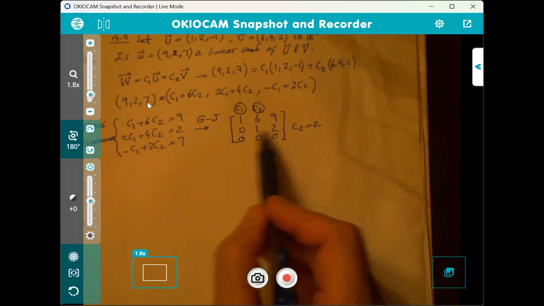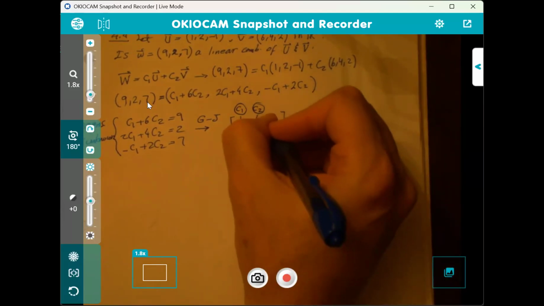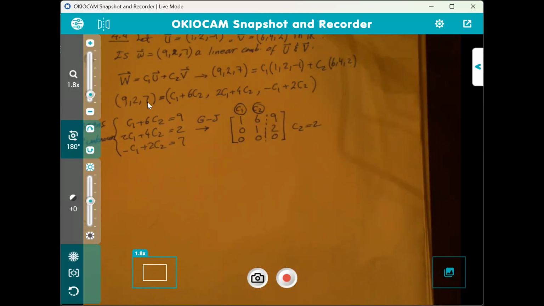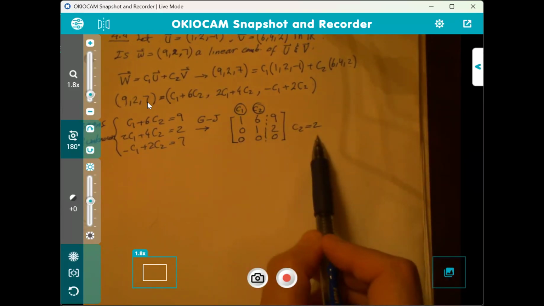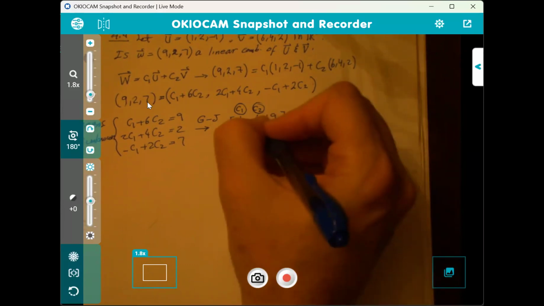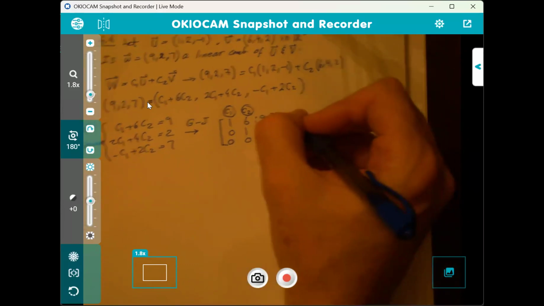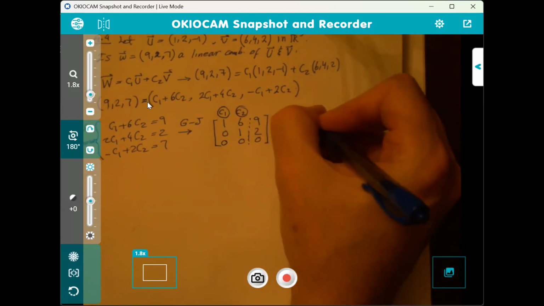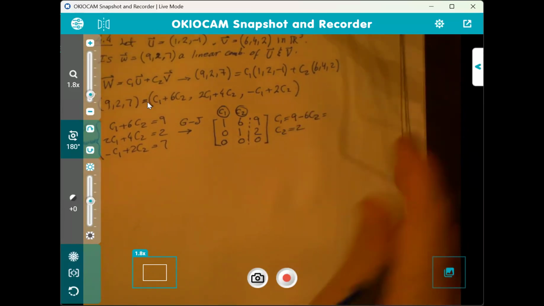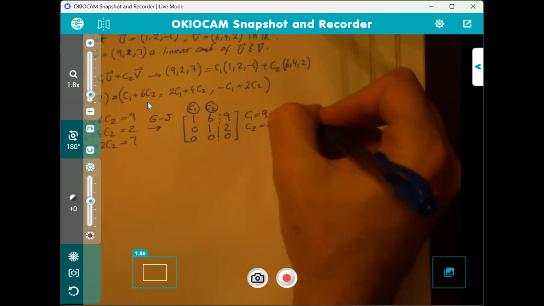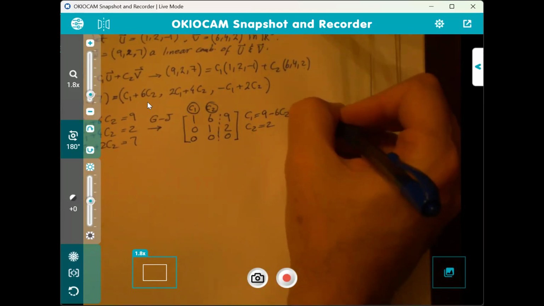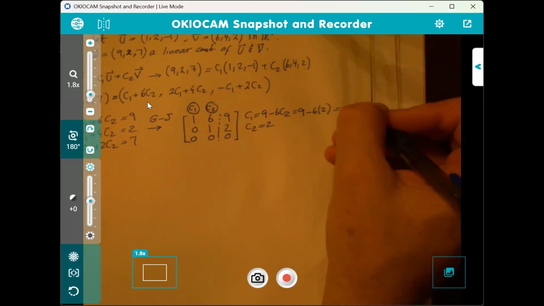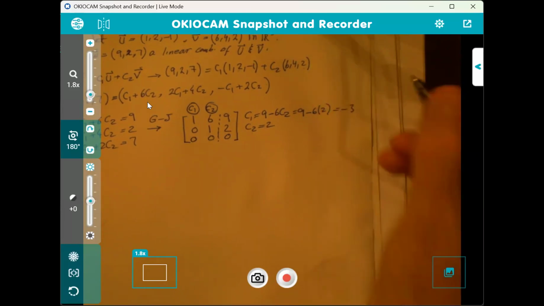We just read this equation, this is the augmented matrix. So c2 is 2, and back substitute in here for c2. c1 is going to be 9 minus 6 c2, that's 9 minus 6 times 2, which is negative 3, isn't it?